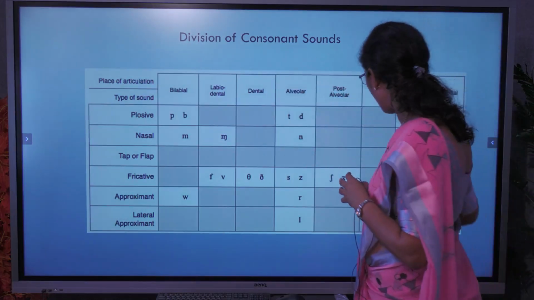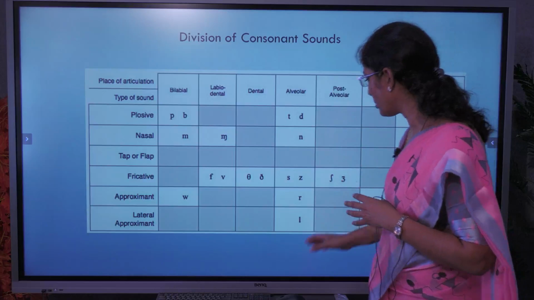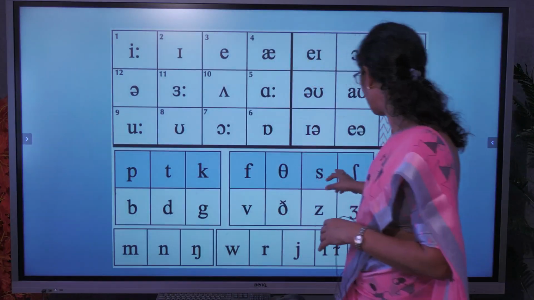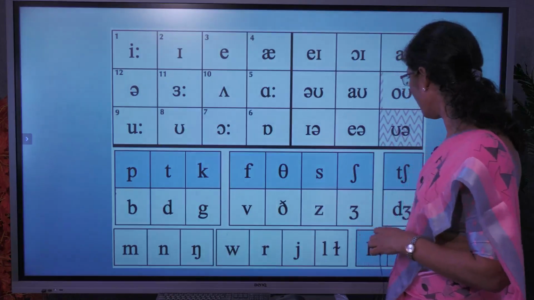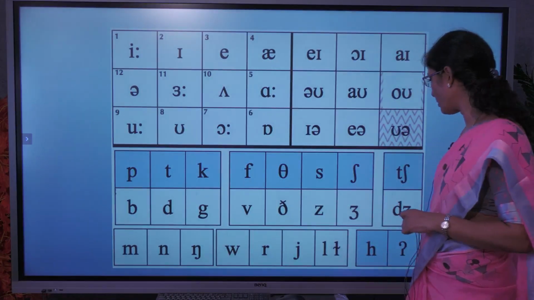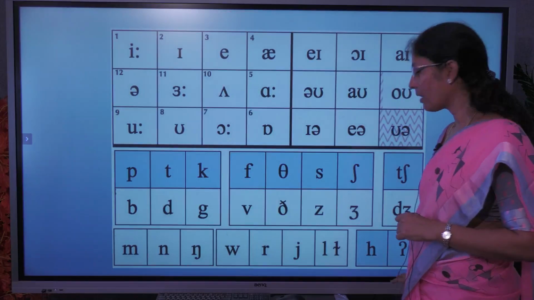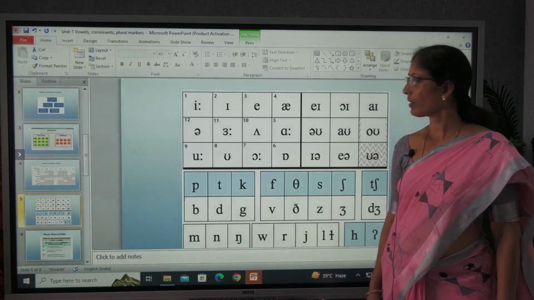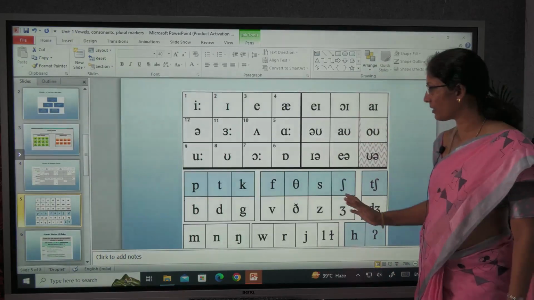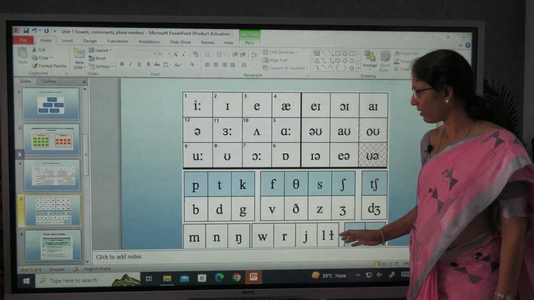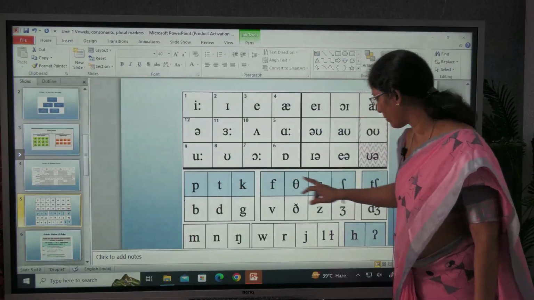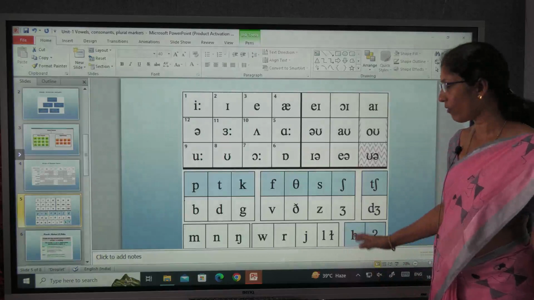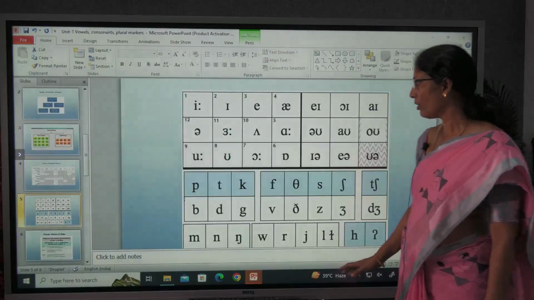And when you take the 24 consonant sounds, these nine sounds are the only voiceless sounds, remaining all are voiced. This is a complete international phonetic alphabet chart. These sounds in blue color are voiceless sounds, remaining all are voiced sounds.